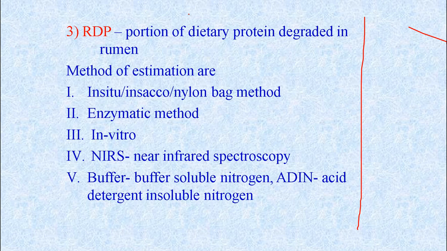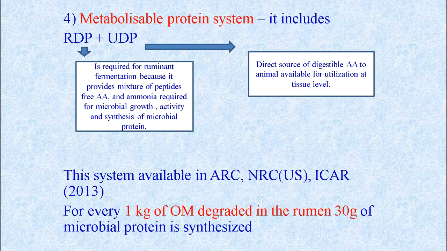Whereas buffer soluble nitrogen, then ADIN or acid detergent insoluble nitrogen, need to be estimated for the RDP calculation, or rumen degradable protein calculation. The metabolizable protein system includes the rumen degradable protein and also the UDP.